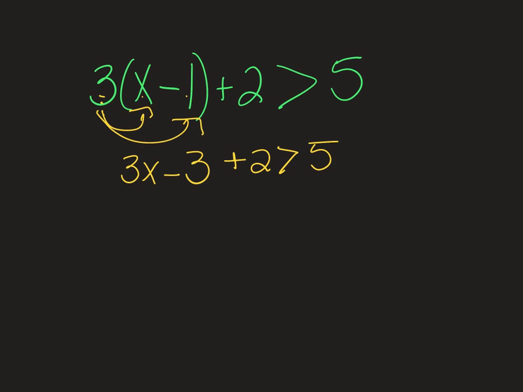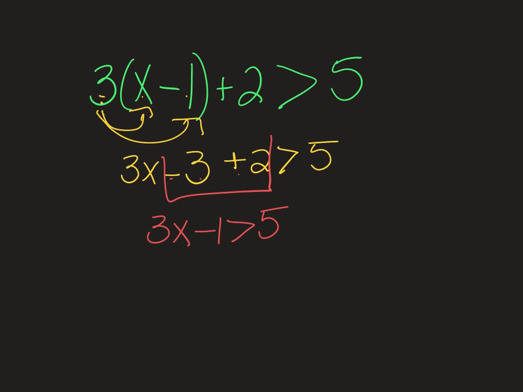Now, I need to combine my like terms here, which would be a negative 3 and a positive 2. So I'm going to go ahead and rewrite this. So negative 3 plus positive 2 is what? Negative 1. Greater than 5.